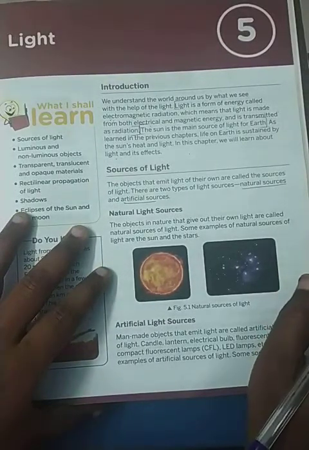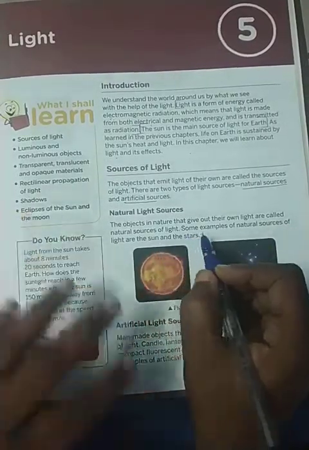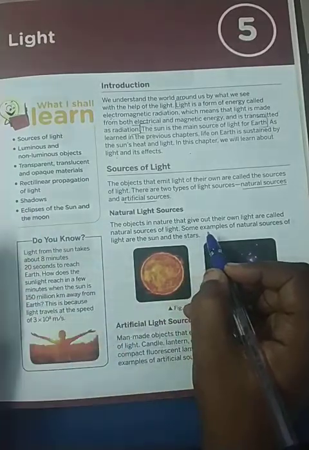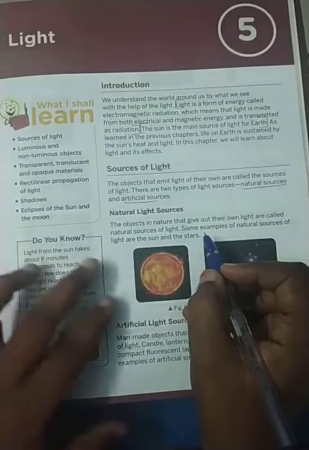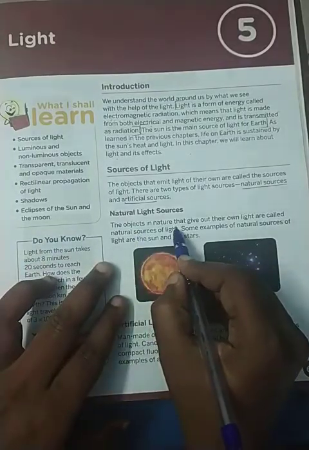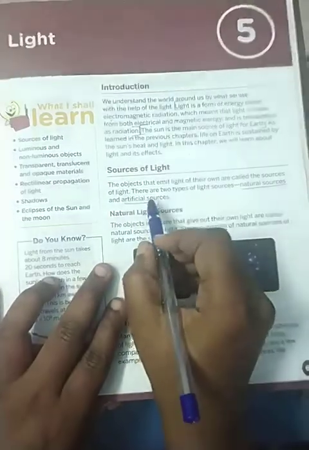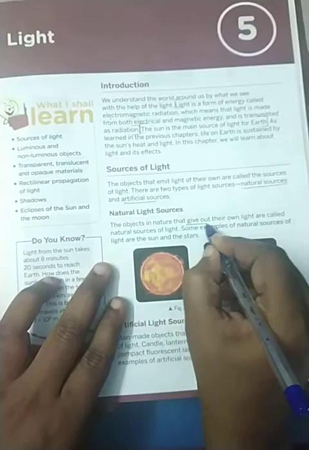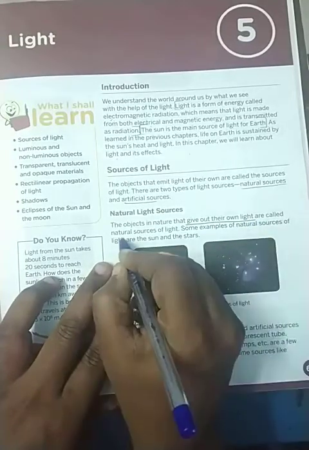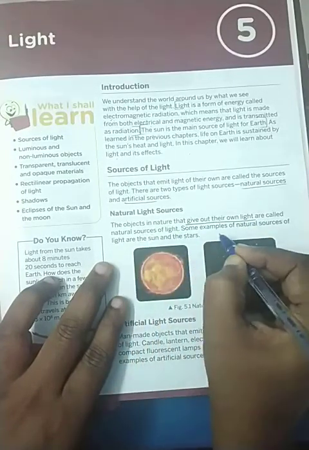What are the natural sources? Natural sources means the object will have its own light. It will not be borrowing from others. So the objects in nature that give out their own light are called natural sources of light.